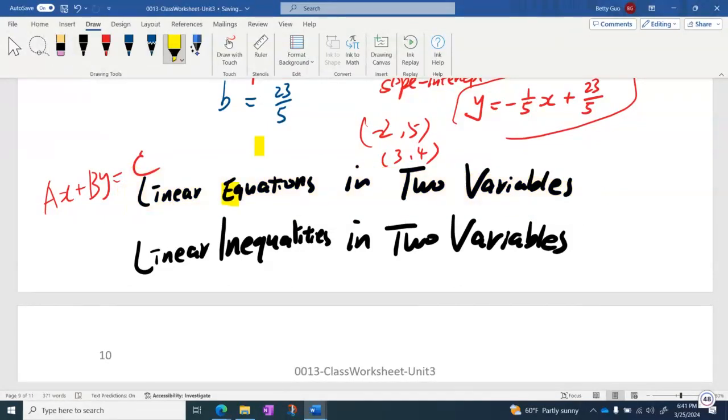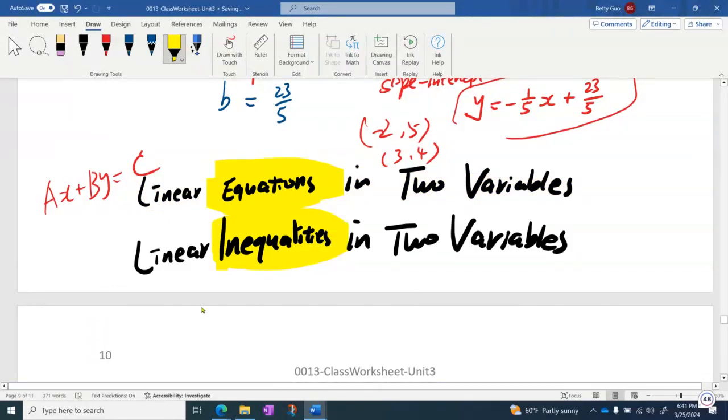Only one word different. This is an equation. This is inequality. And our task here, the last section, is we need to understand what is a linear inequality in two variables, what the solution set looks like, and how we graph the solution set in a rectangular coordinate system.